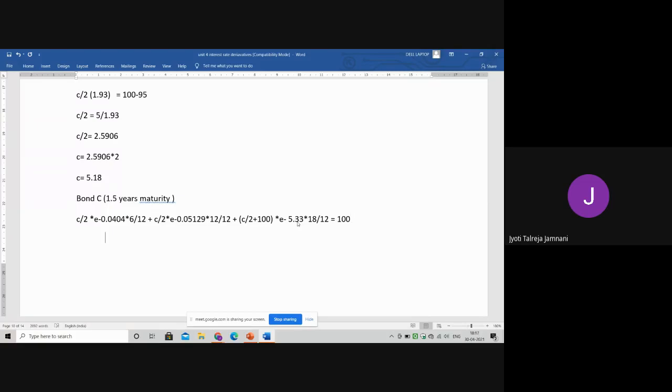Okay, so let's solve this. We get C by 2 into 0.98 plus C by 2 into 0.95. The third year, C by 2 plus 100, see how much you get, e raised to value.